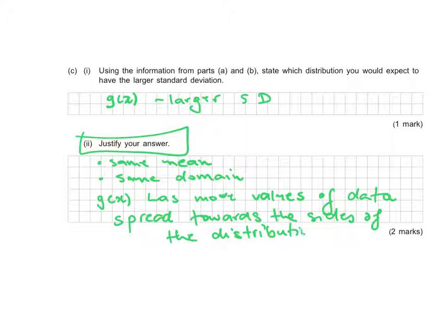Let's go back to the previous picture for a second. Therefore, the second graph, g of x, would have the largest standard deviation, because both have the same mean, same domain, but g of x has more values of data spread towards the sides of the distribution.